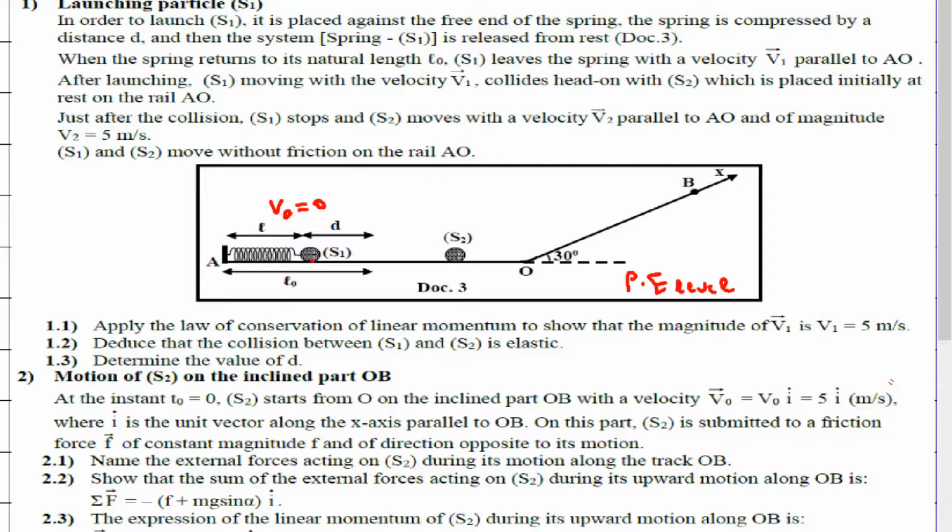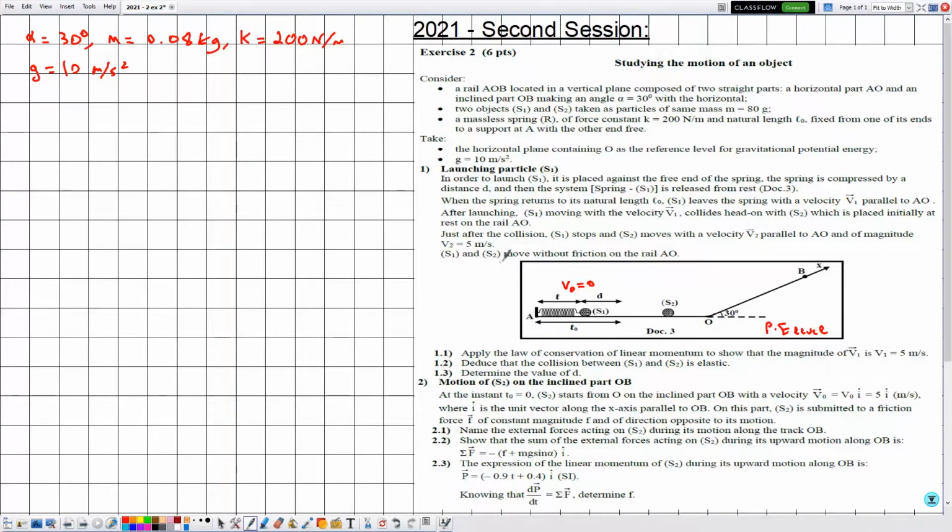After that, S1 will collide with S2, and in this case the problem is a conservation of linear momentum. They are telling us that S1 and S2 move without friction along the rail AO, for which reason the mechanical energy from A to O is conserved.